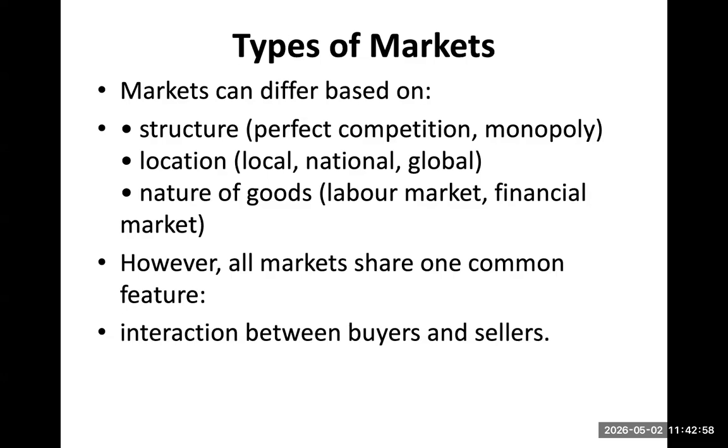So there's a structure in the market. A market can be local, national, and global. The nature of the goods also determines the kind of market that the firm or the buyers operate in. It should be noted that whenever there's an interaction between buyers and sellers, therefore there's what? A market.